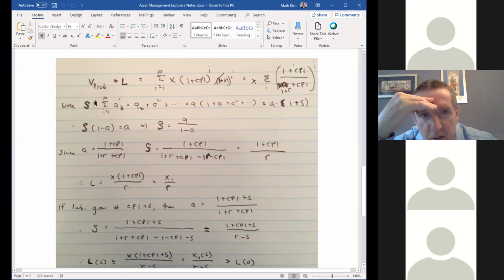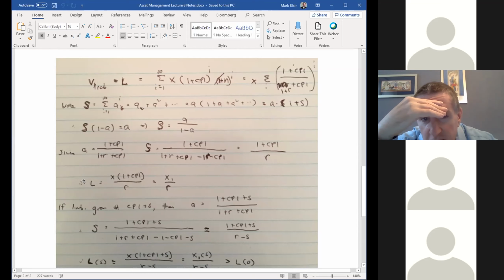Maybe you remember the formula for an infinite sum, or you can just derive it, which I do here. Then I substitute in what I'm calling A in my infinite sum, which is 1 plus CPI divided by 1 plus real plus CPI, and I end up with the result that this infinite sum is 1 plus CPI over R. That's quite a nice, elegant result.